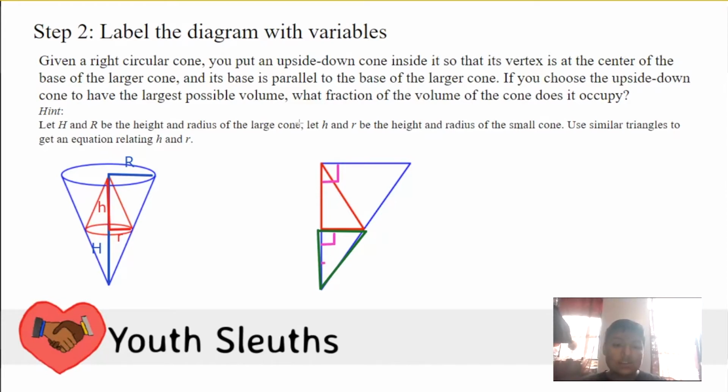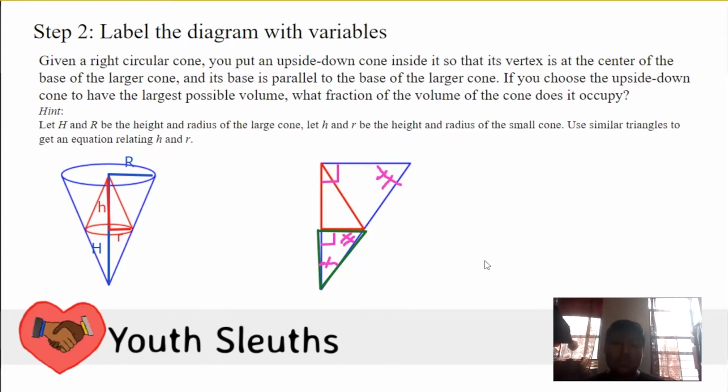Since the angles in a triangle need to add up to 180 degrees, we can also say that this final angle and this final angle are the same.